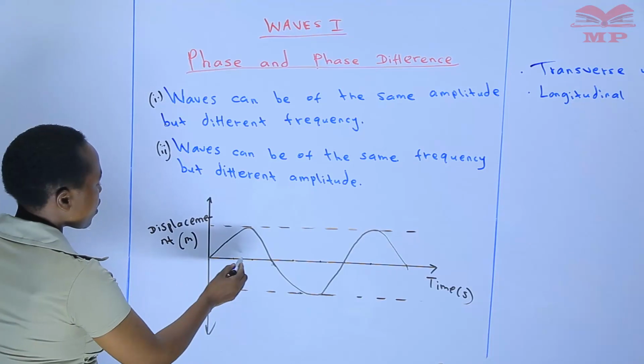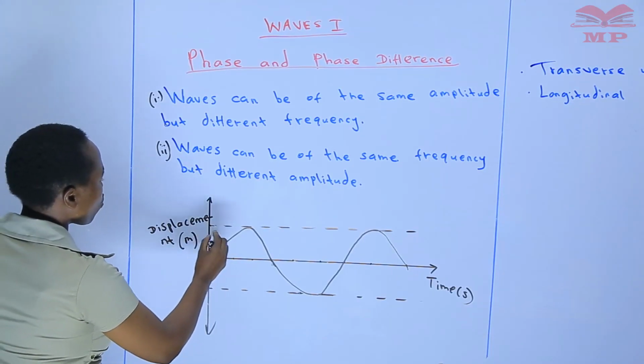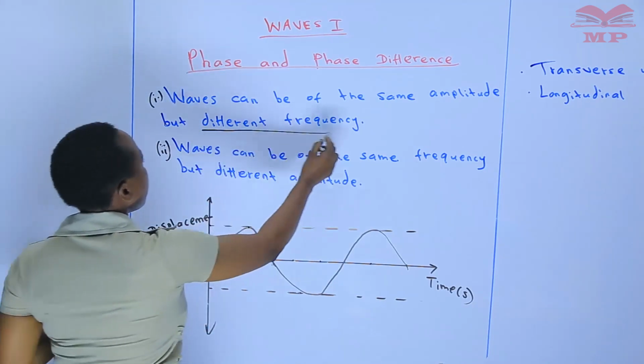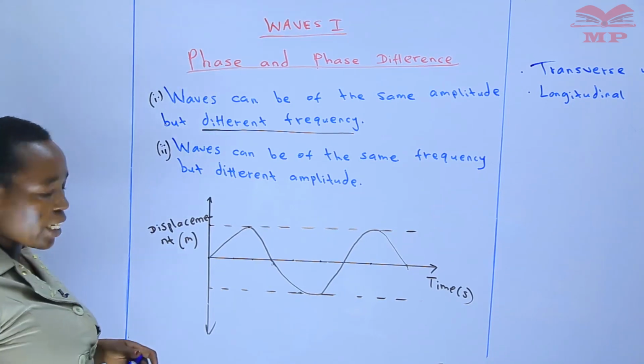Amplitude is the distance, the maximum displacement from the mean position. So it should be of the same amplitude but of different frequency. And frequency is the number of complete oscillations in 1 second. So the number of oscillations is going to be different now.